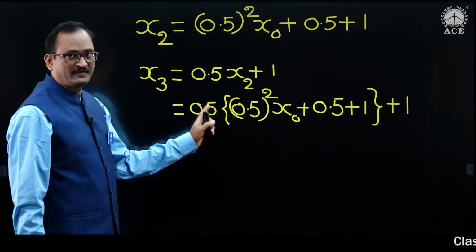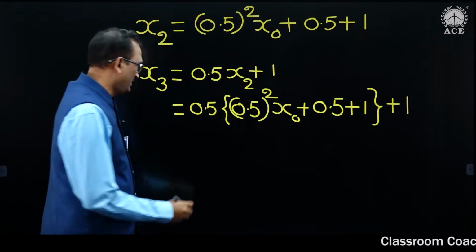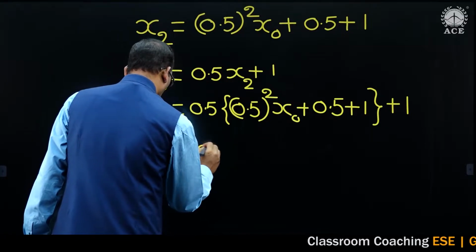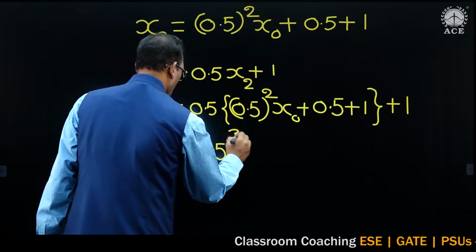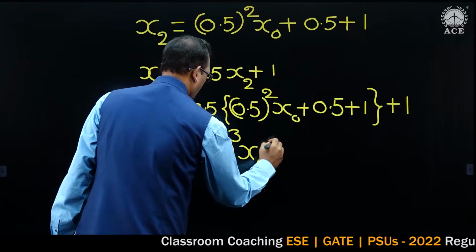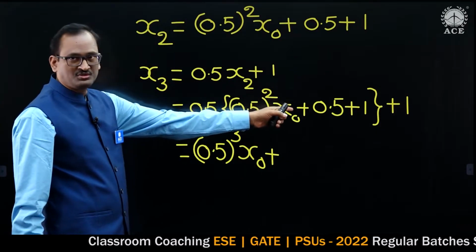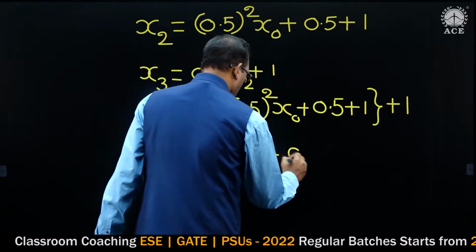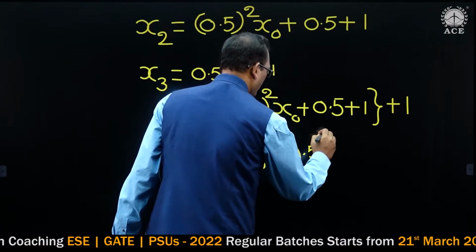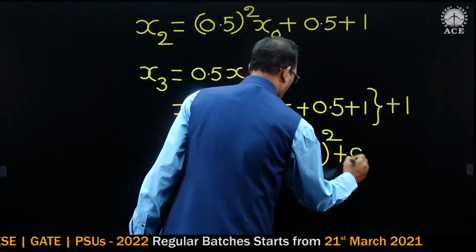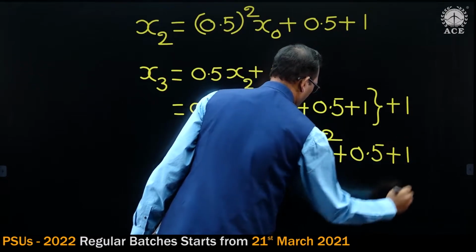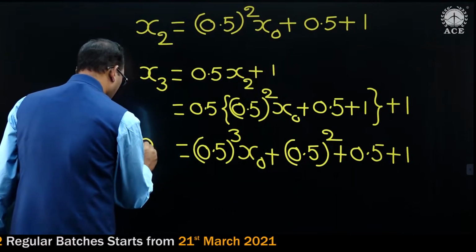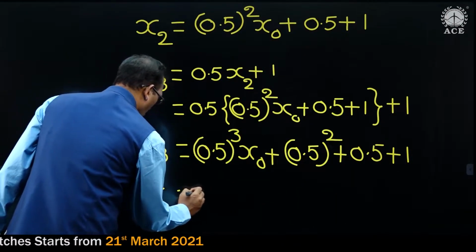Now 0.5 into 0.5 whole square, that is 0.5 whole cube x naught, plus 0.5 into 0.5, that is 0.5 whole square, plus 0.5, plus 1. We are just guessing its values, and so on.